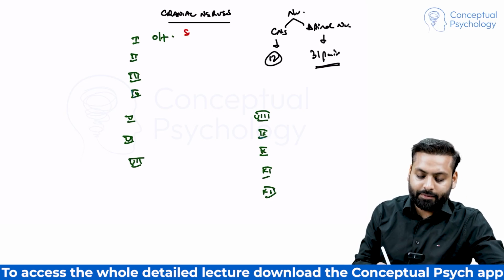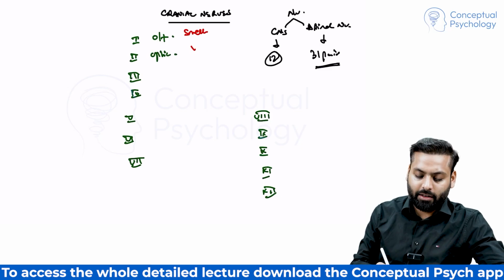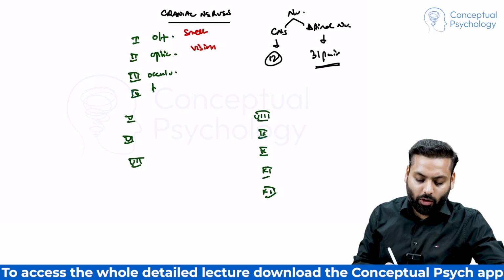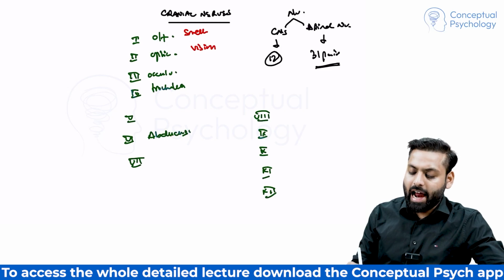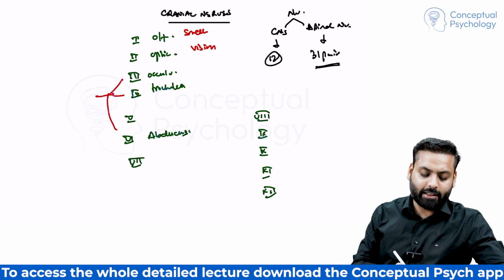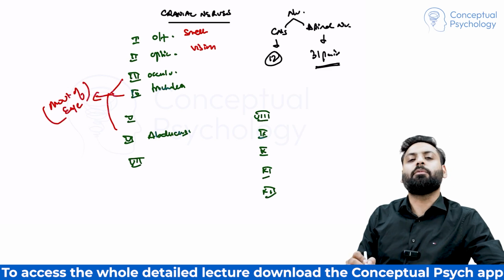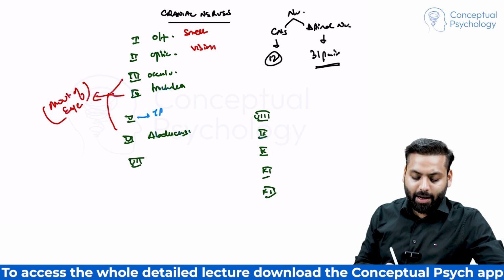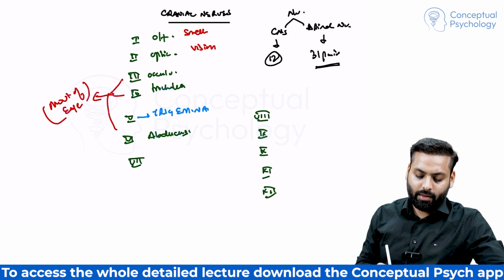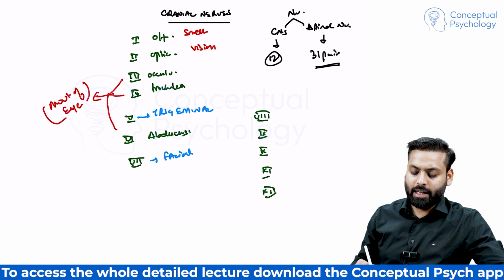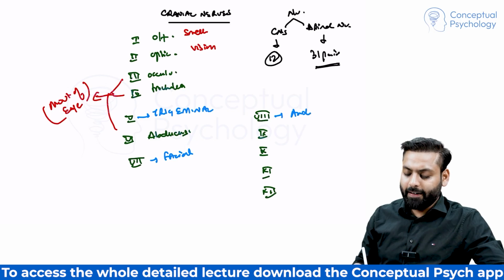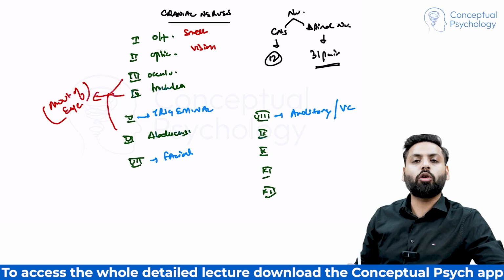Olfaction means smell. Second is optic. Optic means vision. Third is oculomotor, fourth is trochlear, and sixth is abducens. Third, fourth and sixth are for motor movement of the eye. Fifth is trigeminal. Seventh is facial. Eighth is auditory, or the other name is vestibulocochlear.